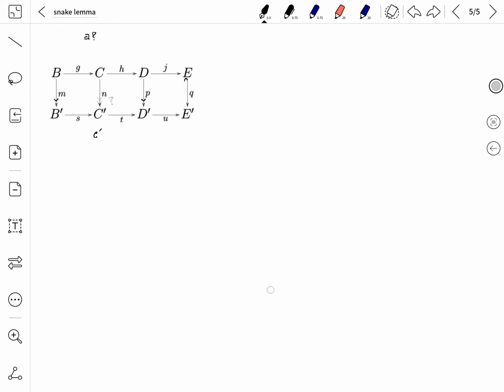So what we do is map it to T of C prime, let's call it D prime, and then map it to element E prime, which must be 0, because this is a composition of 2 morphisms in a complex, so the image of the kernel is 0. Okay, so this is surjective, so there is some D which will map to D prime.